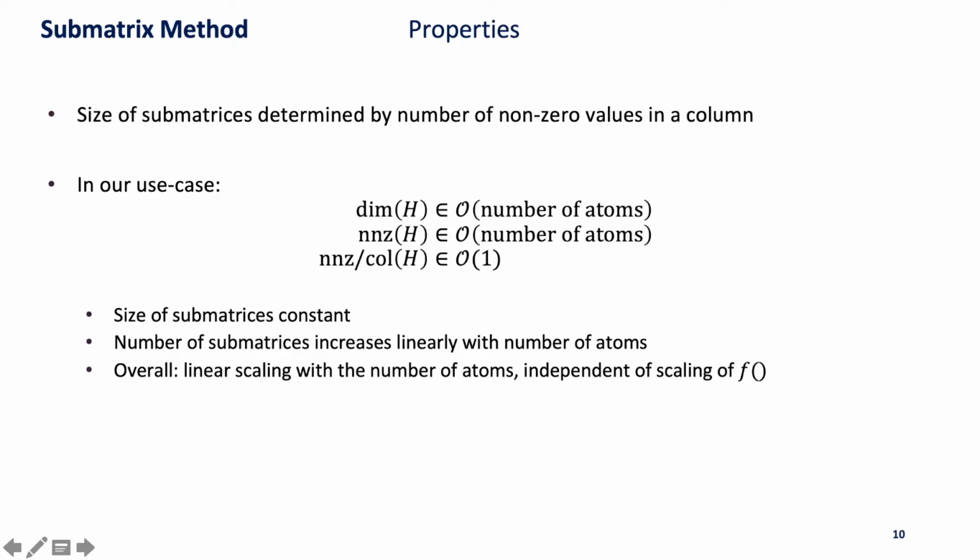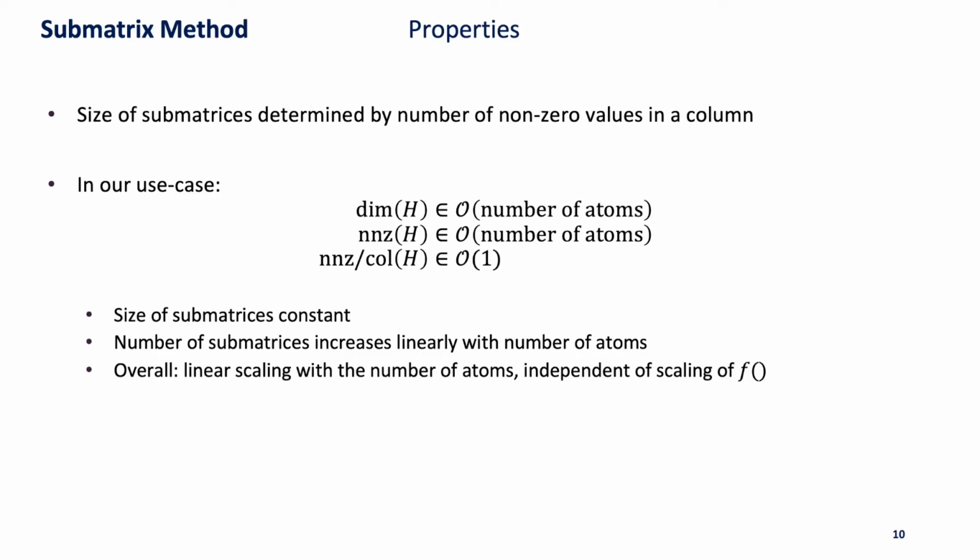So we have seen that the size of the submatrix is determined by the number of non-zero values in a column. And this is interesting in our case because we have seen that the number of non-zero elements in the Hamilton matrix only grows linearly with the number of atoms. And this means that the number of non-zero elements per column roughly stays constant.